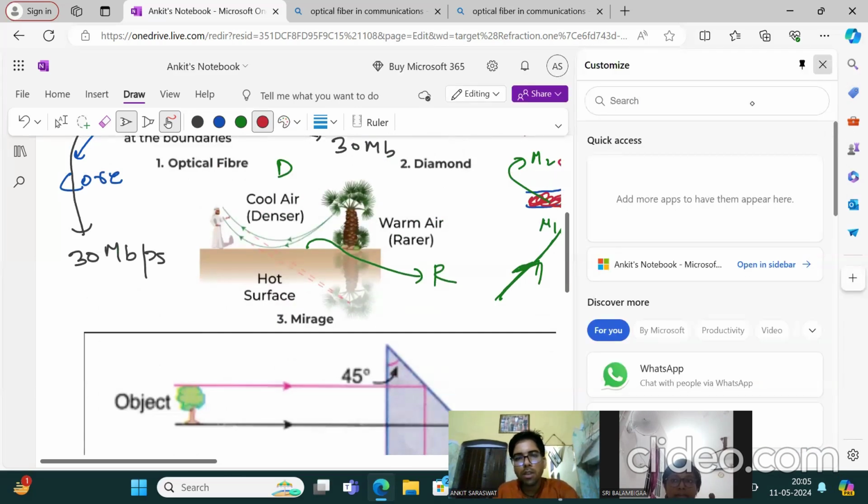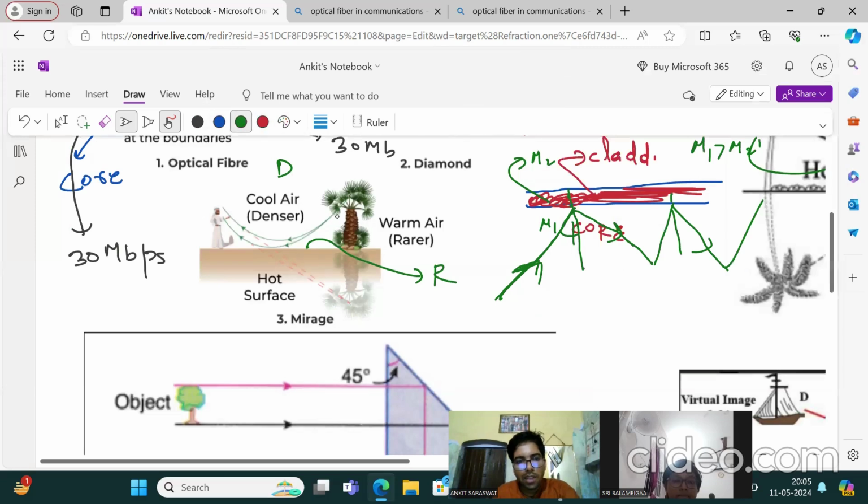Did you see this diagram carefully? Then according to him, he will drag it back, because according to us, light always travels in a straight line. He has no idea from where this light is coming. Clear?